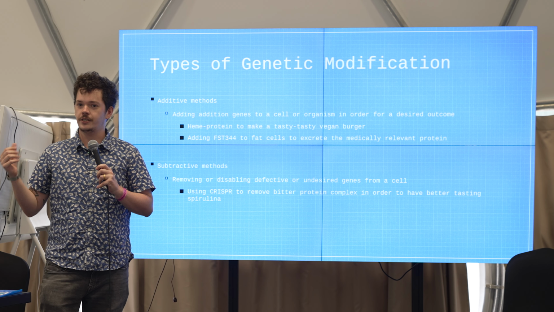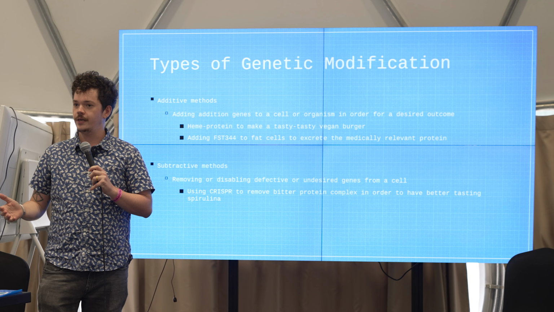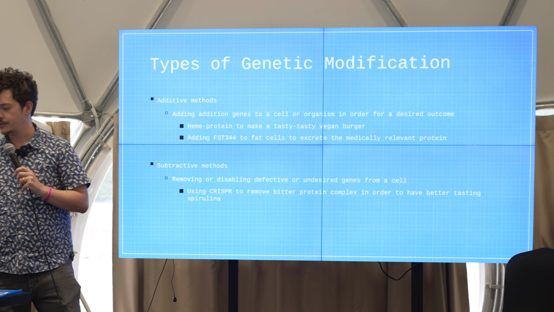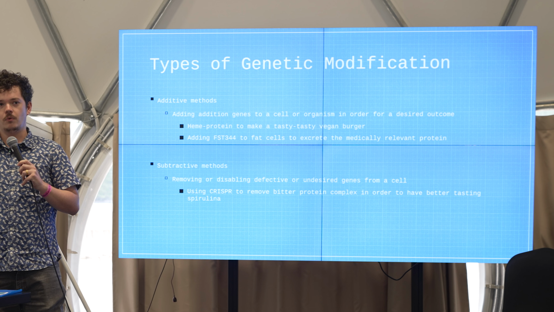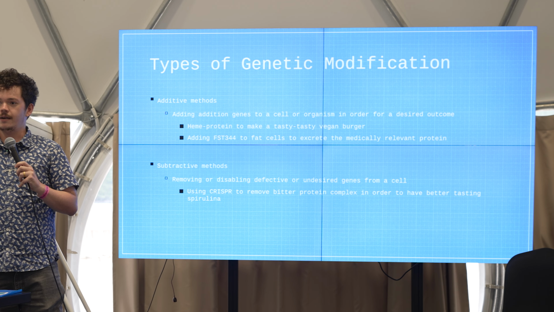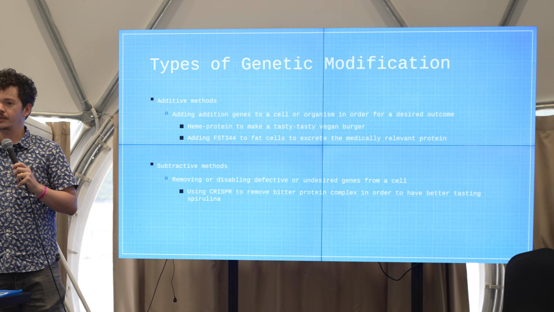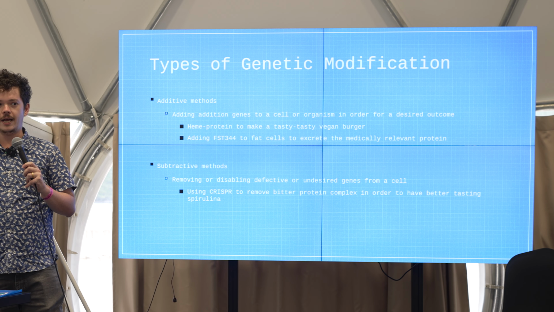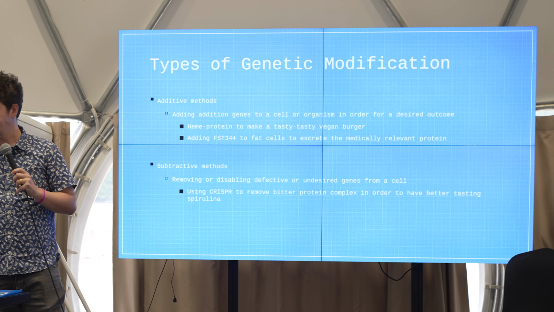They've been looking at things like sickle cell anemia. Or you can add beneficial genes through an additive process. So I'm going to go through these different methodologies one by one. By the end of this, we'll have covered everything from bacteria to mammalian cells to plant cells, so we'll have a good idea of what we want to do.